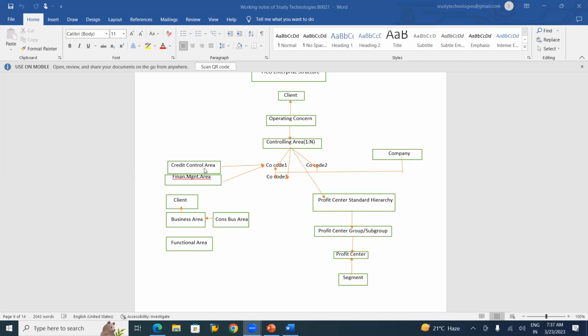In the current scenario, most of the purchases and sales happen on a credit basis. So here, in the credit control area, we are going to define what credit limit we are going to give to a customer.